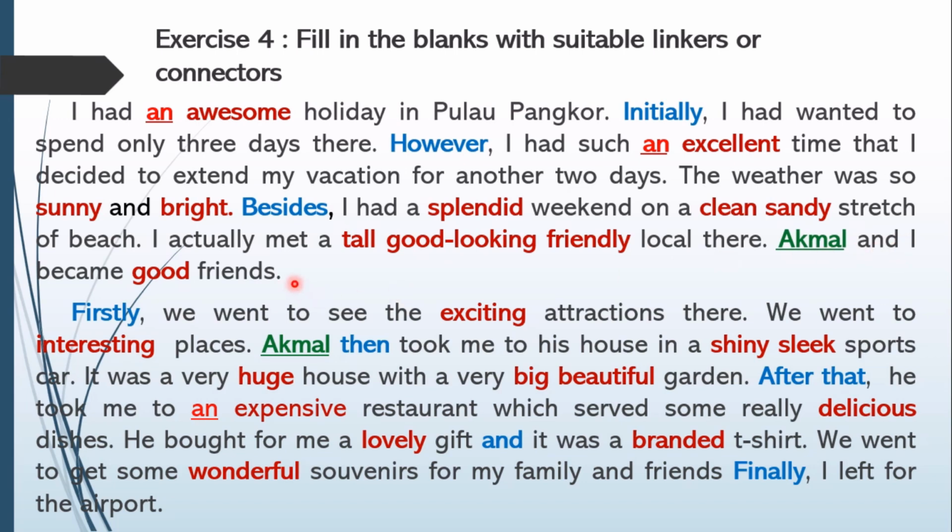Instead of the word local we can have Akmal. So you know that we have Akmal, who is tall, good-looking, and friendly. And then you have this. Firstly, we went to see the exciting attractions there. Akmal then took me to his house in a shiny, sleek sports car. And then you've got this.